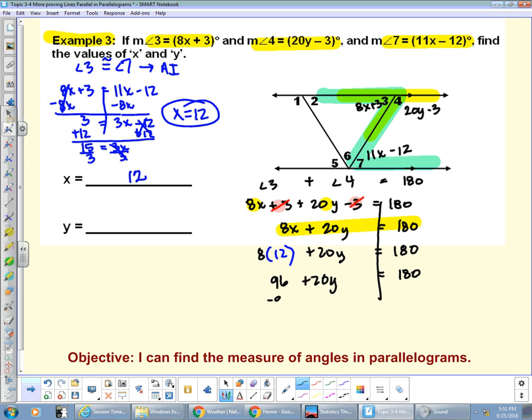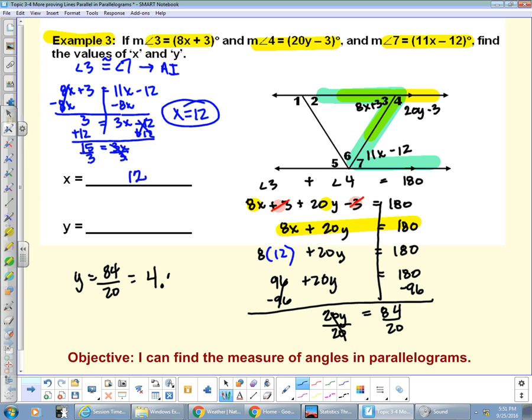We're going to get a decimal for y. That's okay. So we subtract 96 from both sides. And so 20y is equal to 84. And we divide both sides by 20. And so y is equal to 84 divided by 20.